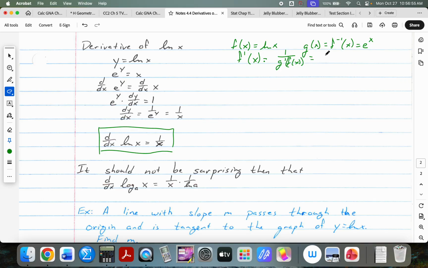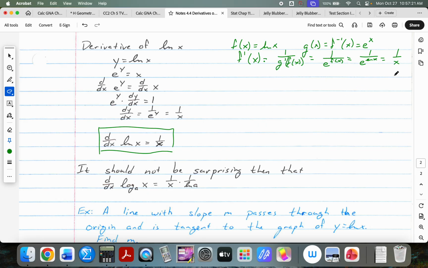So that's going to be, well, the derivative of e to the x is e to the x, so it's going to be 1 over e to the f of x. So that's 1 over e to the natural log of x, and e and natural log are inverses of one another, so that's 1 over x.